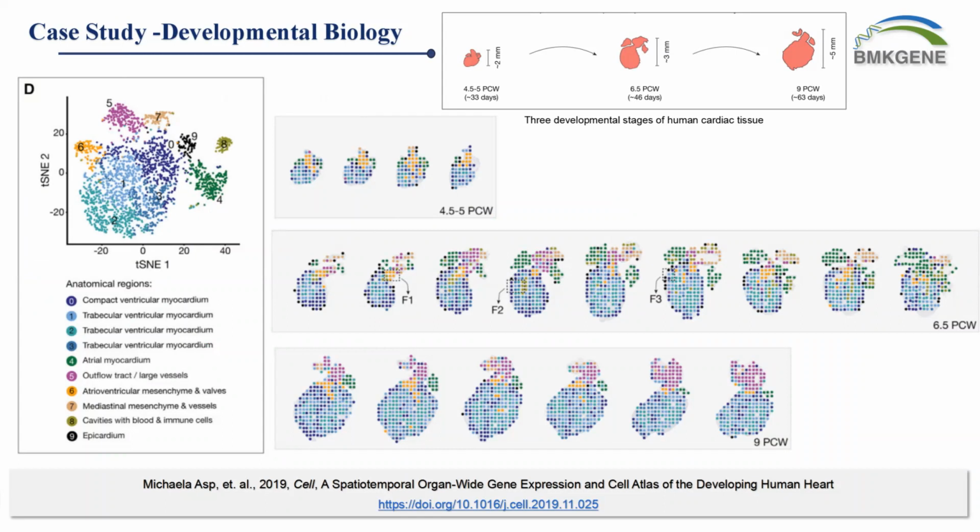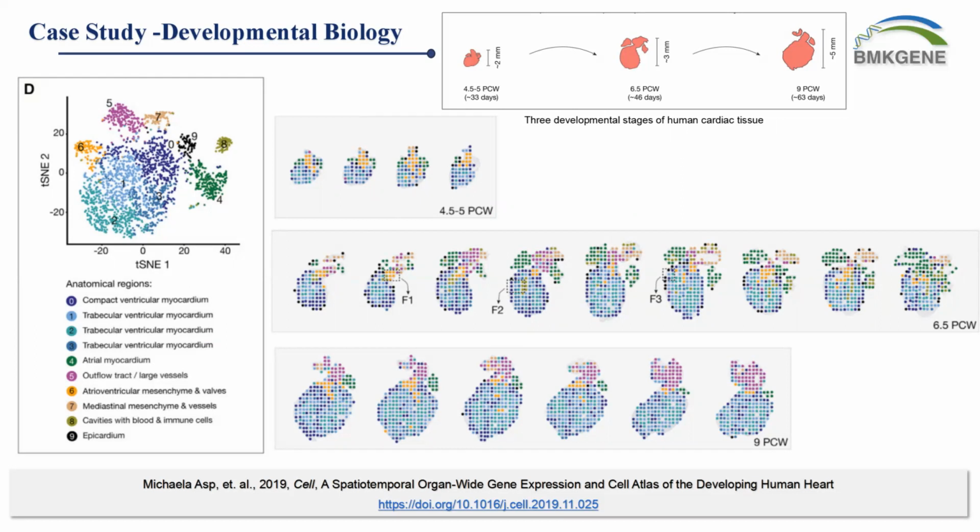For example, for the 1.5 weeks tissues, they have 4 sections. They have more sections for 6.5 weeks, and some sections for 9 weeks, and they all do spatial transcriptome sequencing on these tissues, and then combine all the spots together to make this clustering figure.